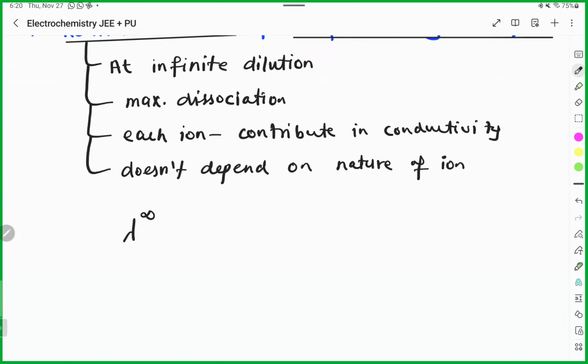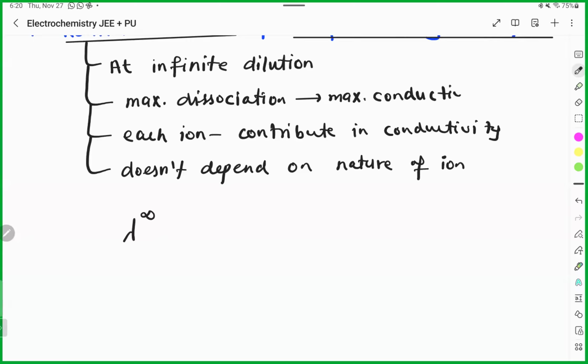Maximum dissociation at infinite dilution means all the molecules will break down into positive and negative ions. So every molecule dissociates into ions if possible. And if there is a maximum number of ions, there is maximum current. So maximum dissociation means maximum current and maximum conductivity.